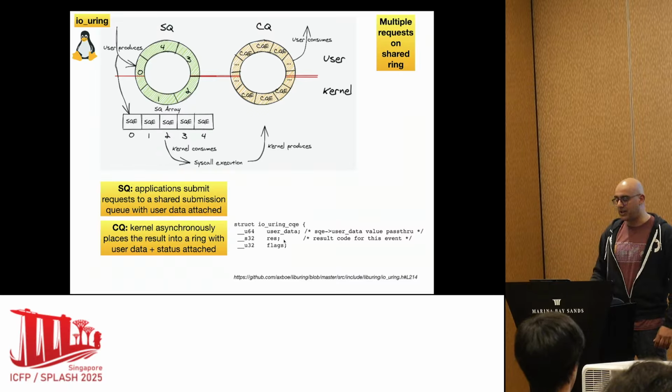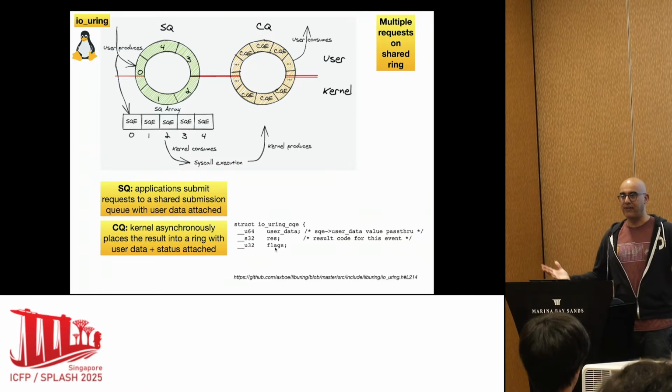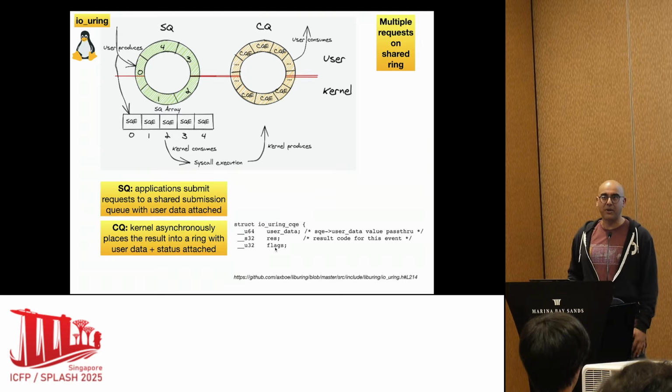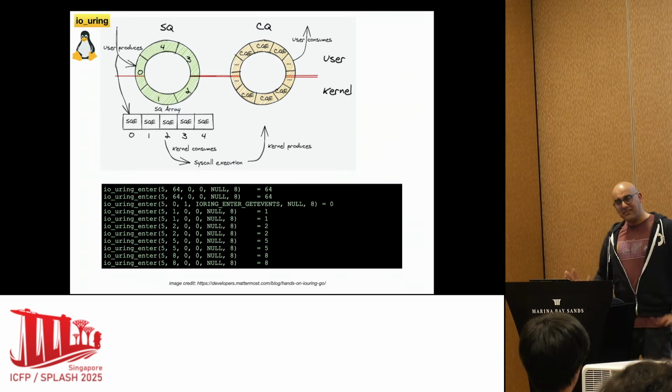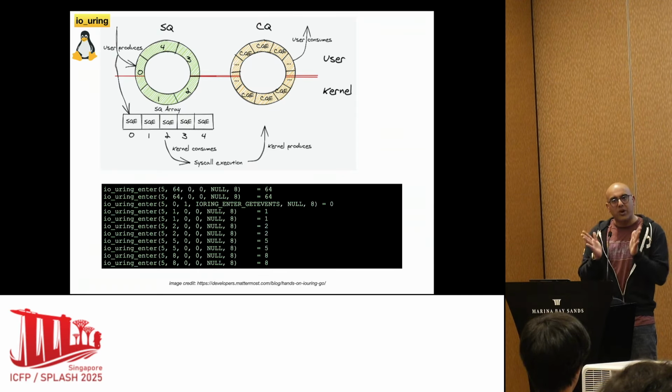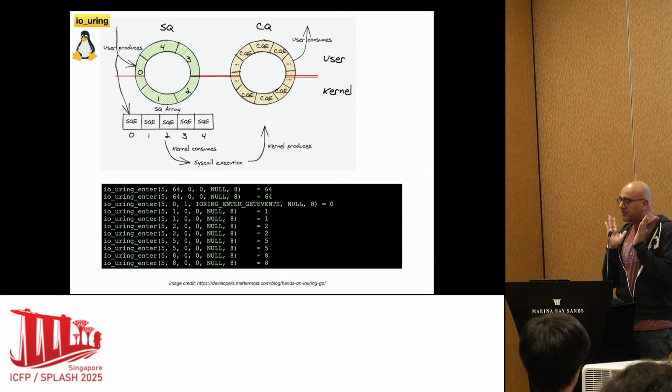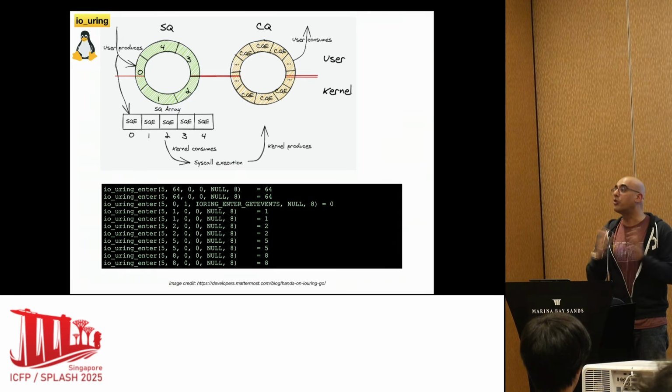So the CQE struct here is very simple. It's just the user data, the result, and a bunch of flags with some metadata about the request, which I'll come to later on. The essence of this is that the amount of work you do when you send a request from a syscall level is algorithmically better.